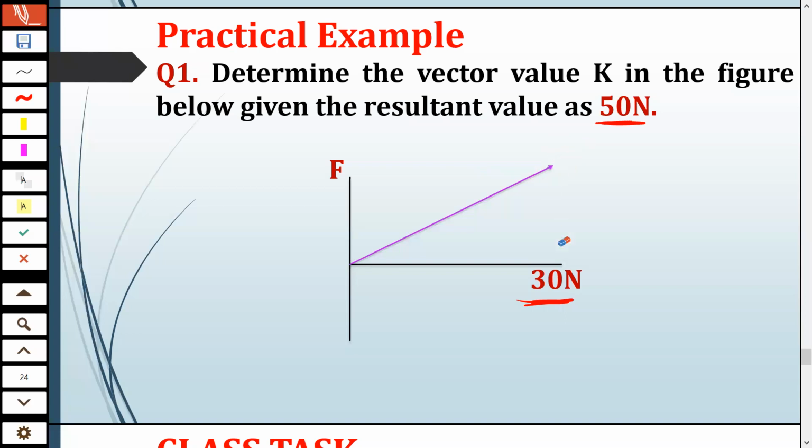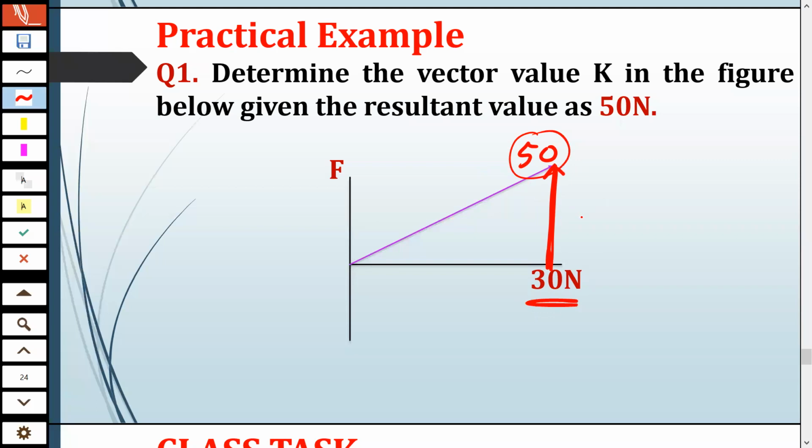So we've been given one component of this vector, which is 30, and the resultant has been given as 50. Then we're trying to find the other component, which is the y component of the vector 50.